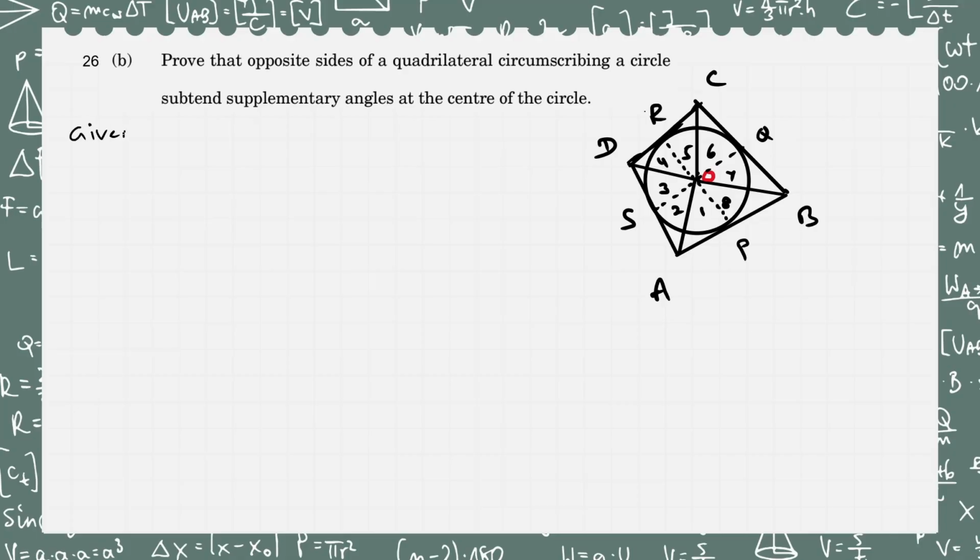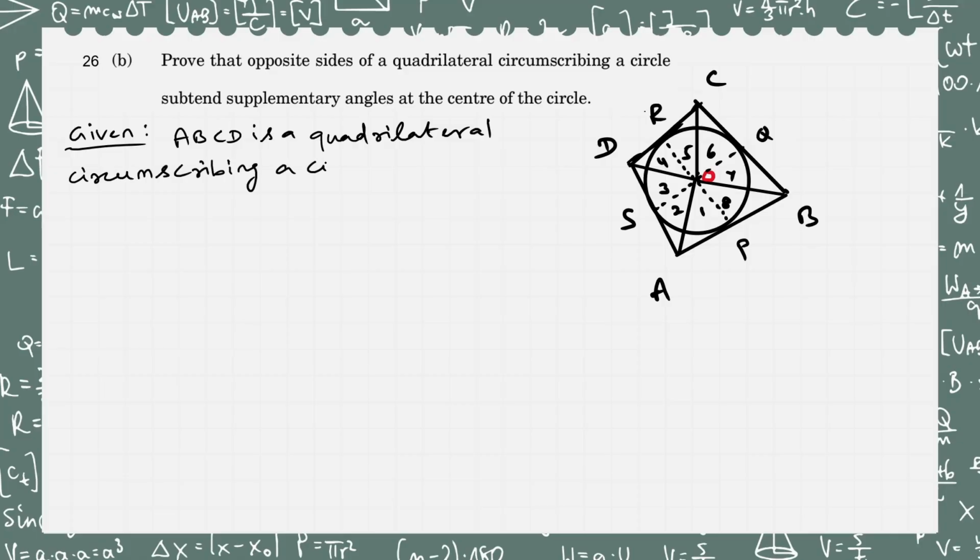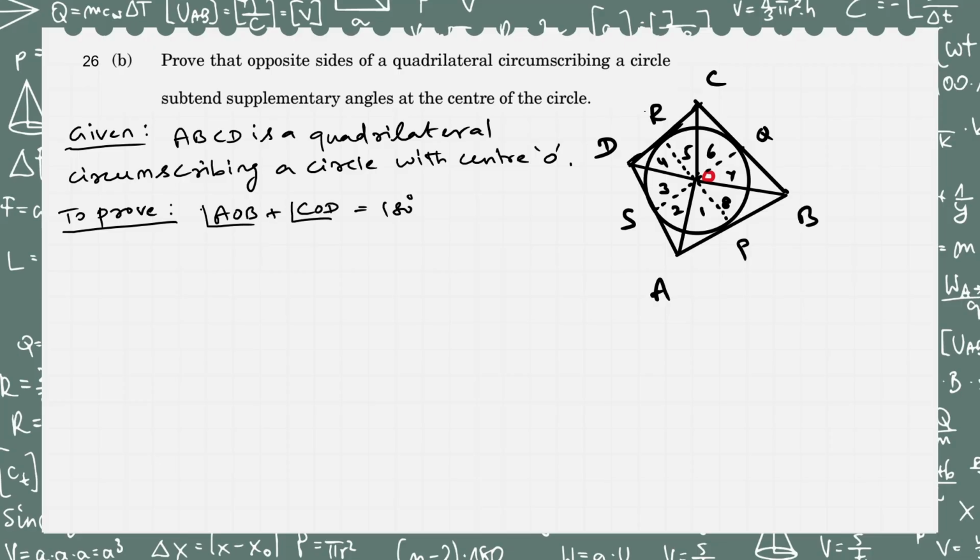So given, ABCD is a quadrilateral circumscribing a circle with the center O. Okay, now to prove angle AOB plus angle COD equals 180 degrees, that is one part of the proof, and the second one is angle BOC plus angle AOD equals 180 degrees.